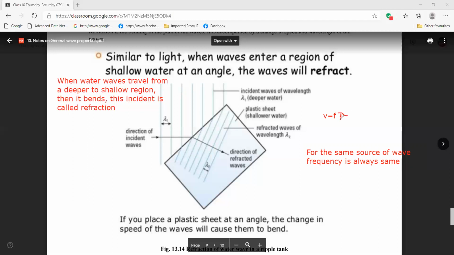Then if the wavelength decreases, that means speed also decreases, right? Yes, sir. So here we can write: if the wavelength decreases, then speed also decreases. Whatever I'm writing, you write everything.